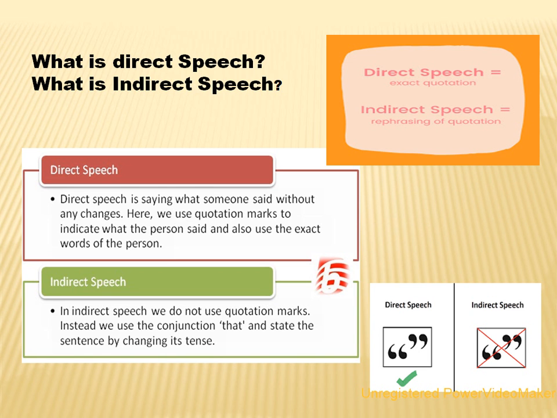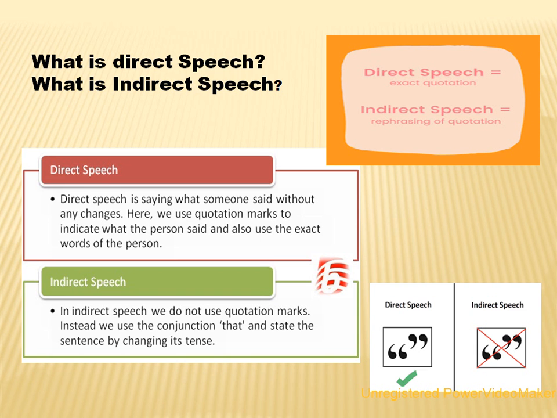So in direct speech we use quotation marks, where you can see the green tick, that is called the quotation mark. We also call them inverted comma begin and inverted comma close. So whenever you see any phrase or a group of words that is in quotation, it means that is the exact words said by a person.